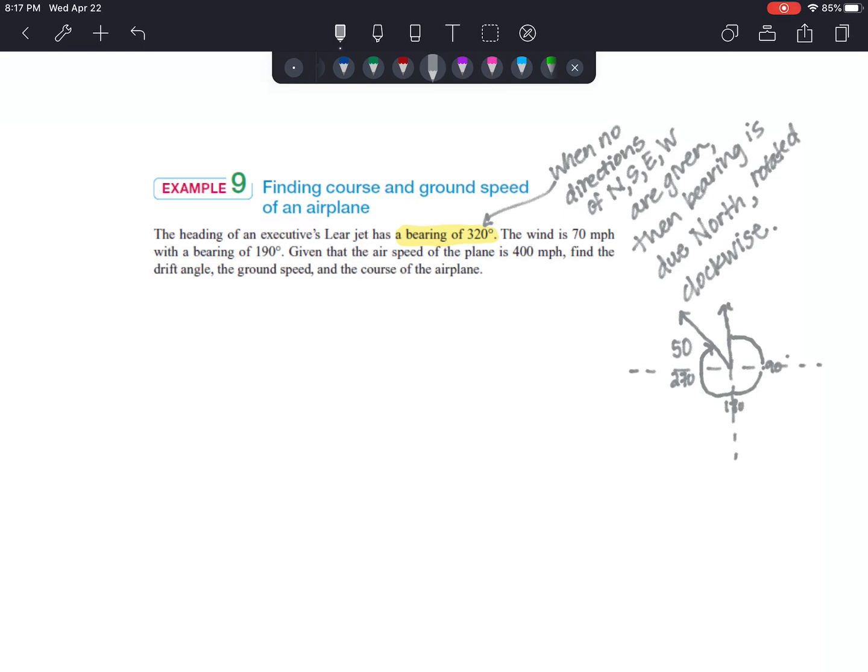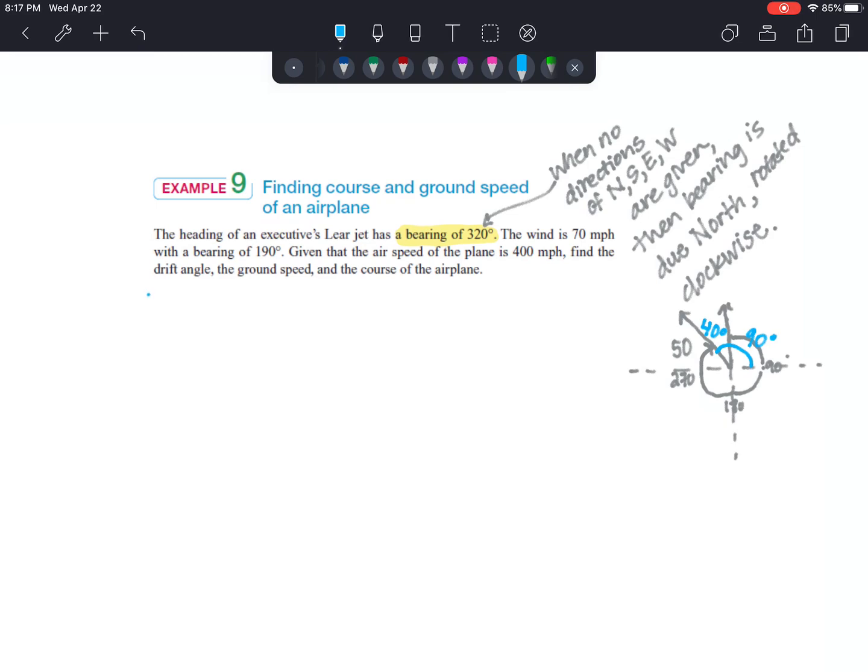Now our calculator is not going to accept that as 320 degrees. So when we transfer this to our calculator, we have to tell our calculator this blue angle. This blue angle is 90 degrees in quadrant 1, and then another 40 degrees right here.